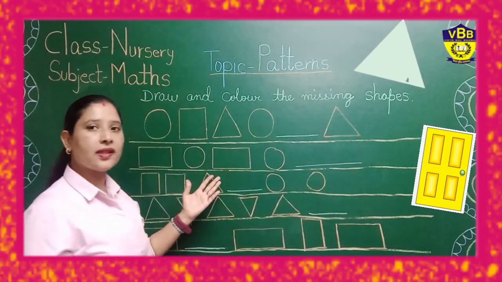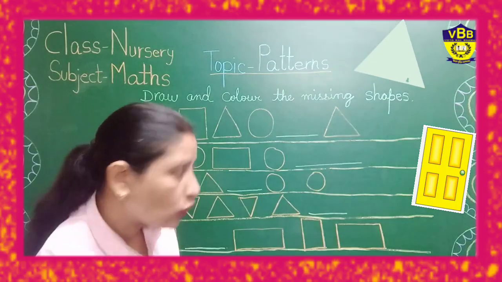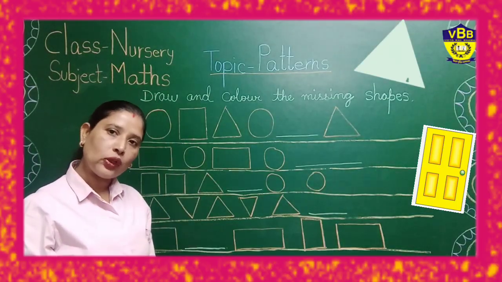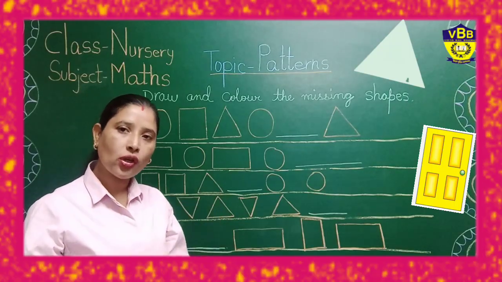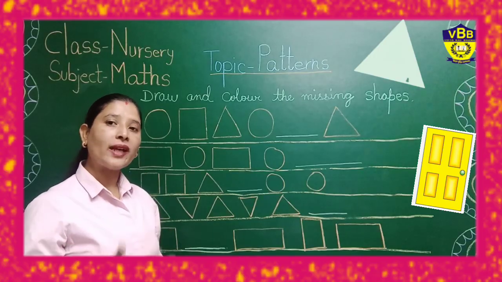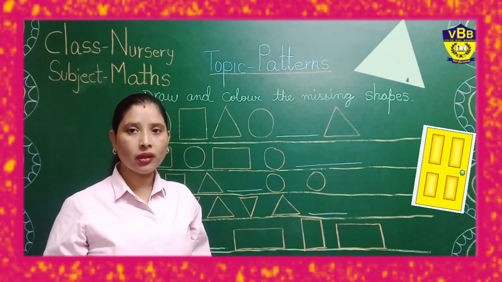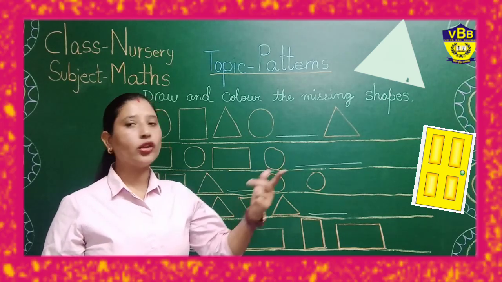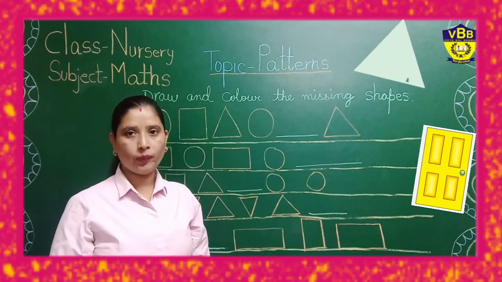Now as this exercise is related to shapes, one by one I am going to solve the parts and I will explain to you. As I told you, if we do a combination of different shapes, we will make a different pattern. You can see such patterns in your house on the bed sheet, curtain, on the suit of mama, sari, on the wall, on the floor and some other places too.